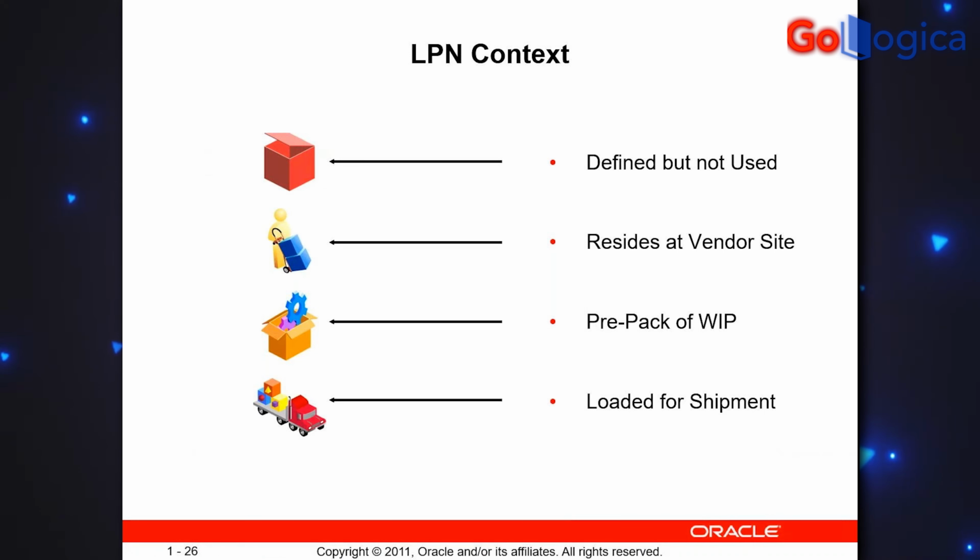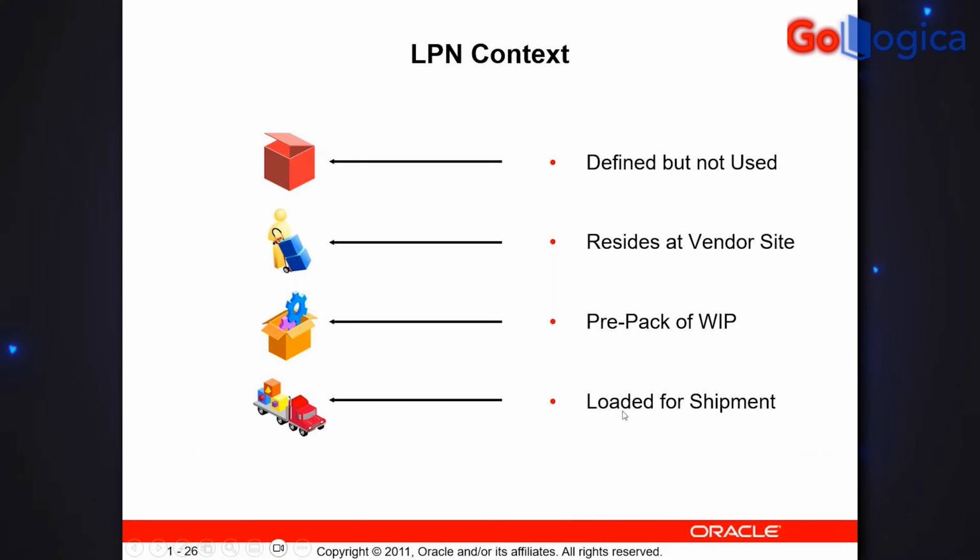As I said, suppose we are generating some LPNs that have not been used as of now. They will reside with the status defined but not used. There may be some going through RTV, which can reside at the vendor side. There can be some as pre-pack or WIP.